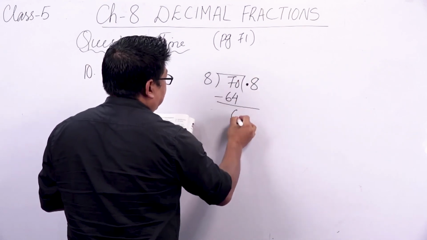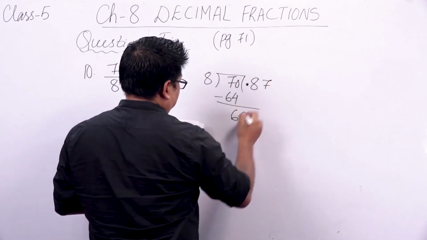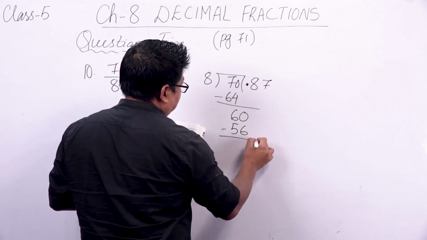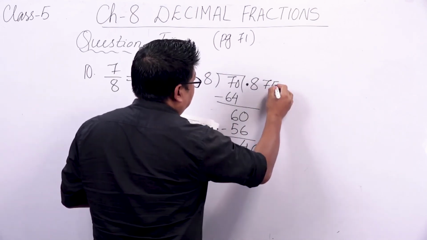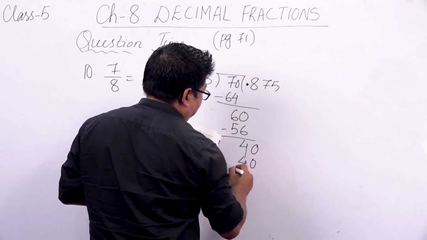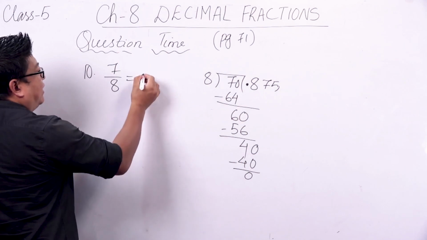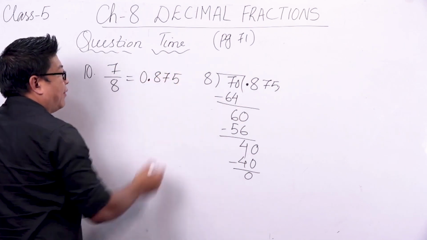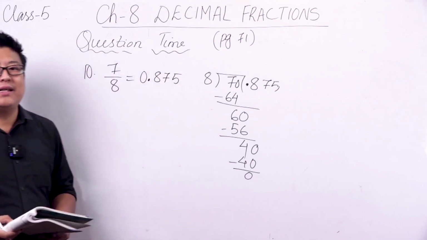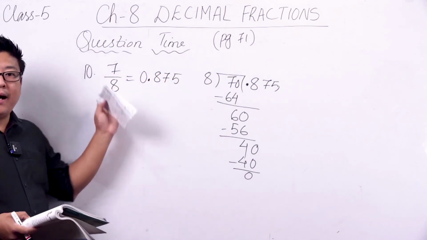When you subtract, you get 6. Not possible, so you put 0. 8 into 7 is 56. You get 4. Not possible, so you put 0. 8 into 5 is 40. When you subtract, you get 0. So by dividing, you are getting 0.875. All right. So this is your decimal number by division.